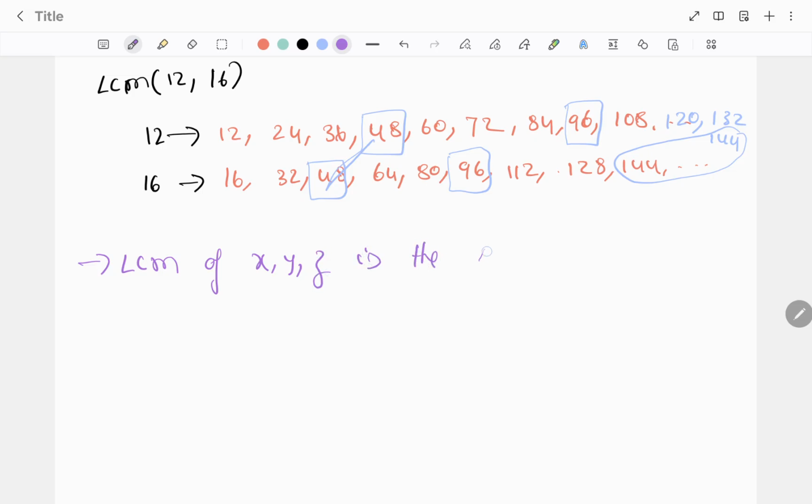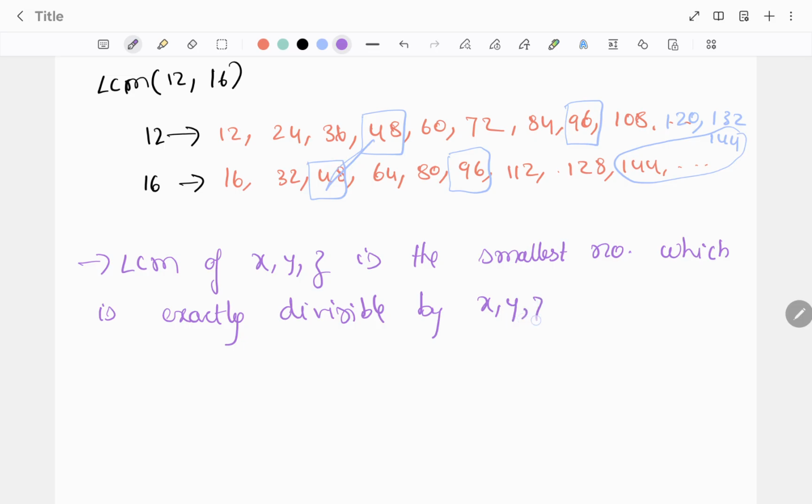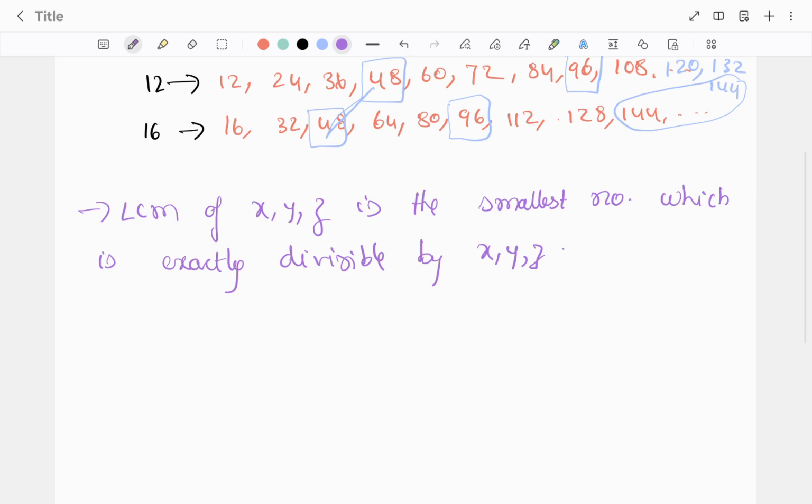It is the smallest number which is exactly divisible by X comma Y comma Z. In my terms, what I say is, LCM is maybe the highest number among the given numbers or a multiple of the highest number.